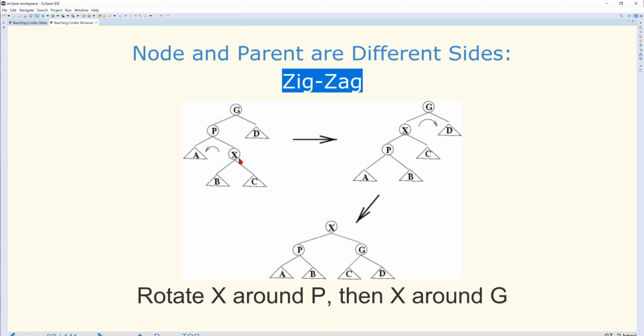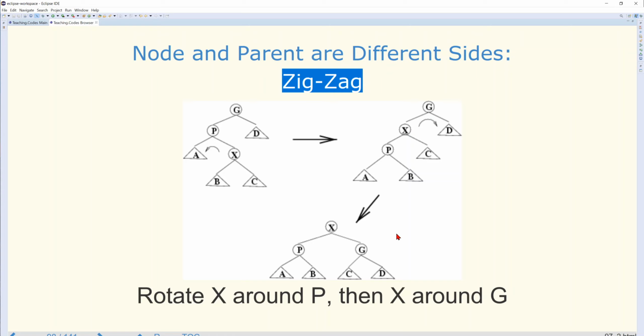So X will go up together with C, A and P will go down, and B will be adopted, as you see in here. Now what I did is I brought X to the left child of the grandparent. So now I can rotate right.